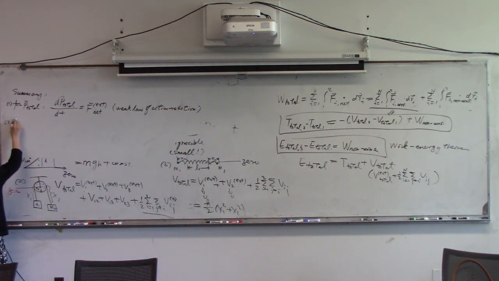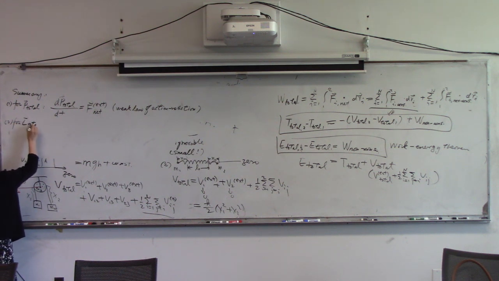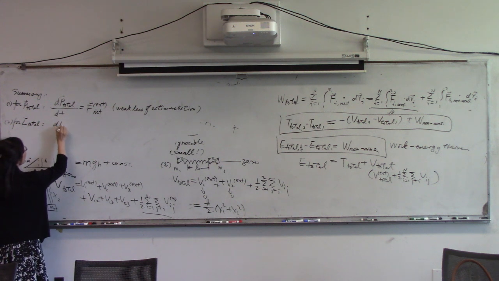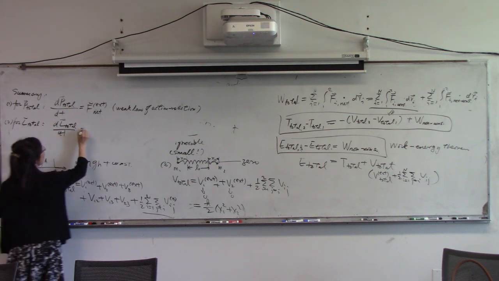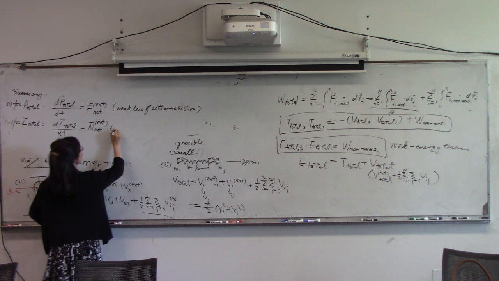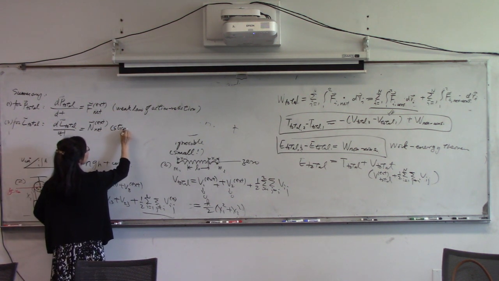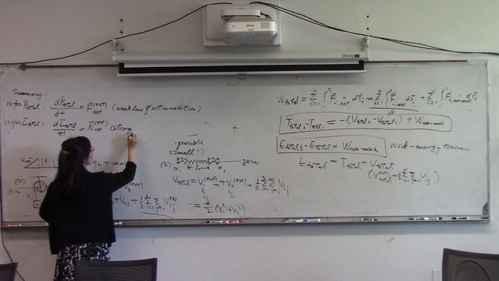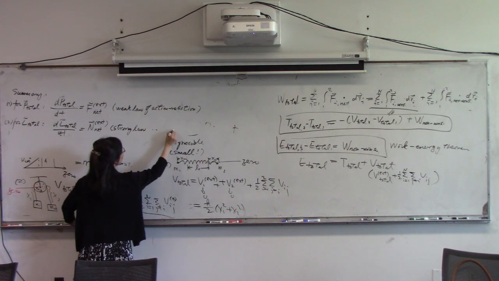Then second, for the total angular momentum, we've also found that its dynamics is controlled by the total net external torque. That follows if we apply the strong law of action and reaction.